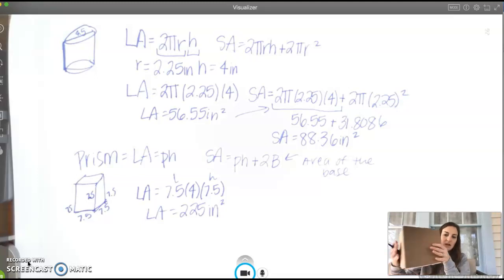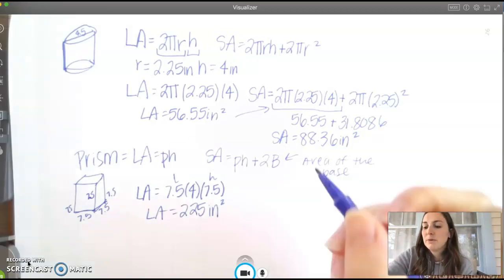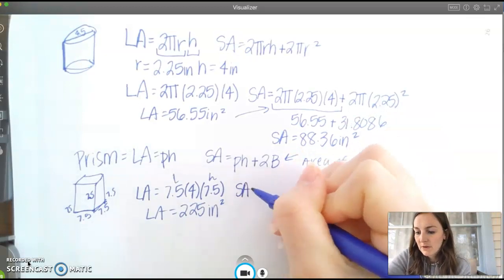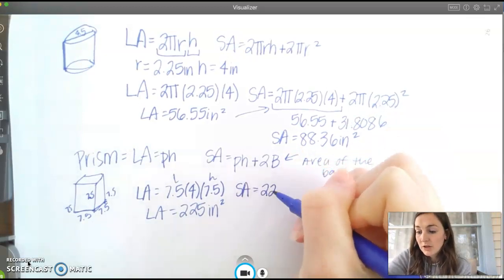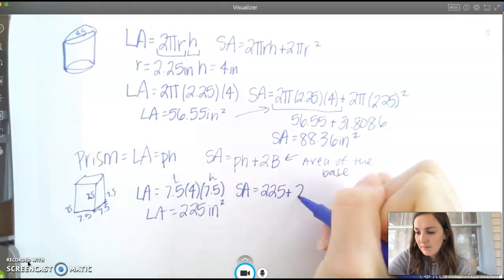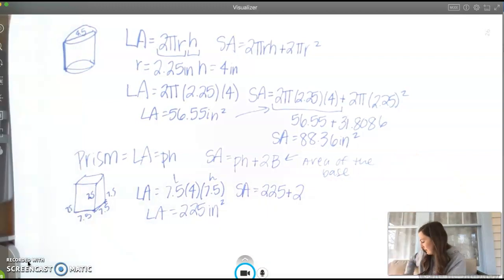So that's talking about all of these side faces, these 4 sides. So now I'm going to do the top and bottom, the bases here. So I need to do PH, which I've already concluded is 225, plus 2, well, let's find the base. If I measure across, it is 7.25.